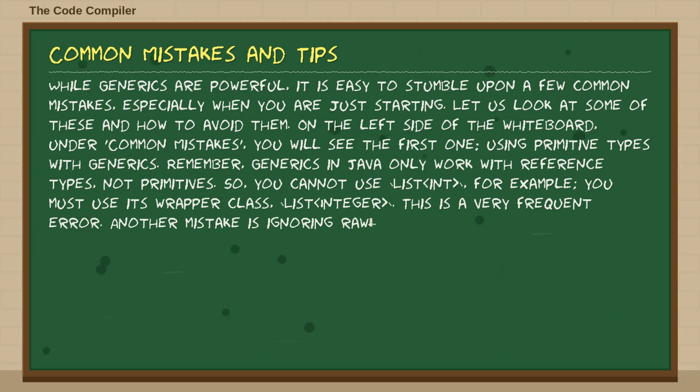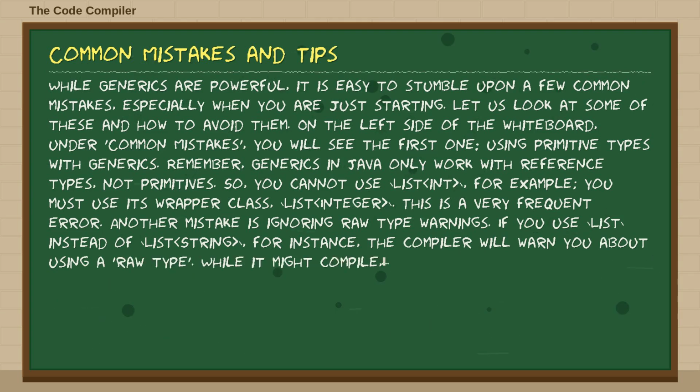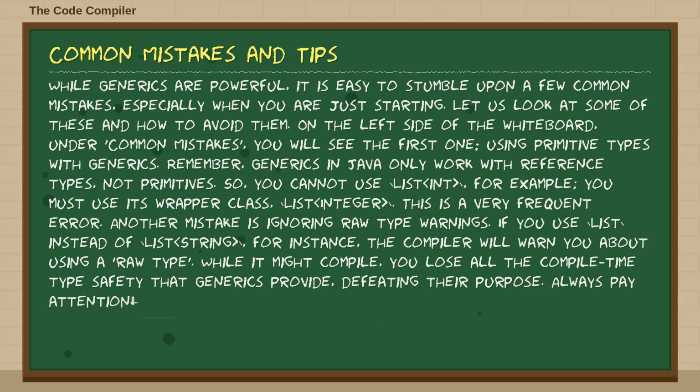Another mistake is ignoring raw type warnings. If you use List instead of List<String>, for instance, the compiler will warn you about using a raw type. While it might compile, you lose all the compile-time type safety that generics provide, defeating their purpose.